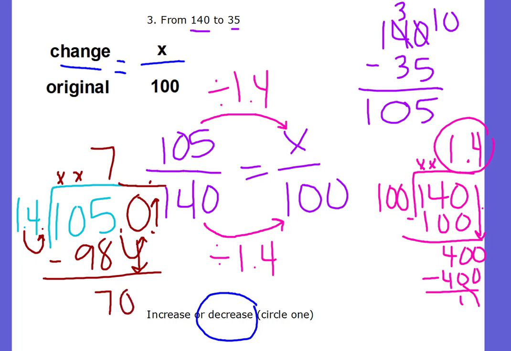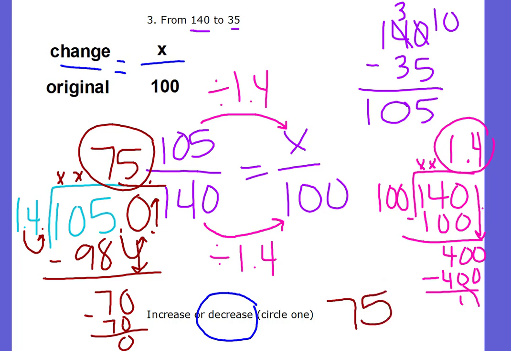How many times can 70 be divided by 14? That will be 5 times, and that equals 70. So now we are left with nothing. That means that this is our percent decrease. From 140 to 35%, it decreased 75%.